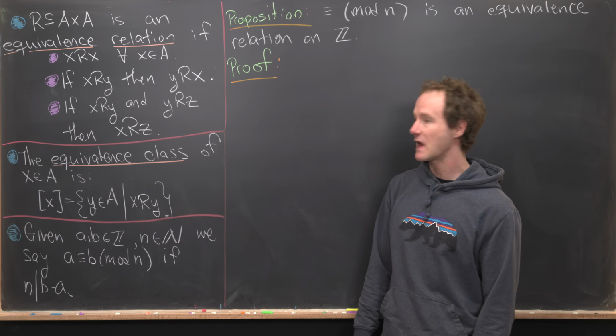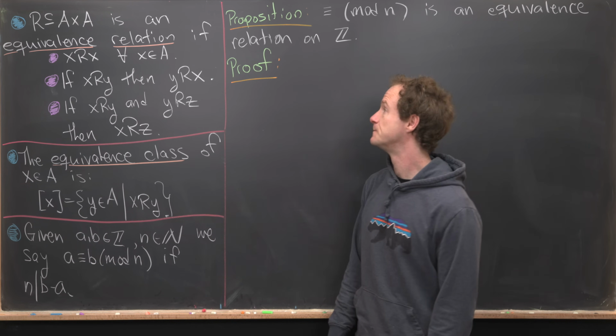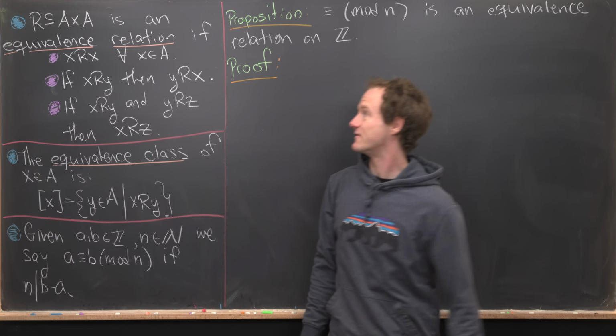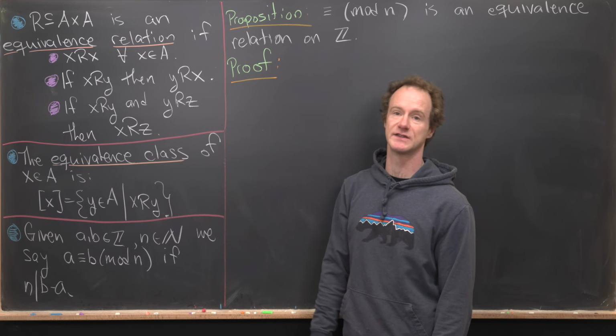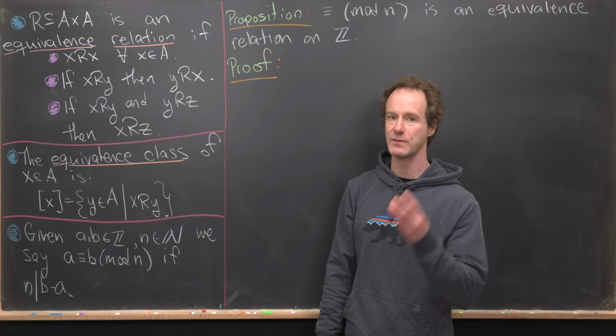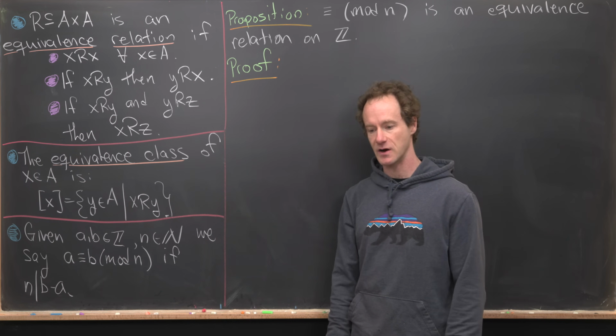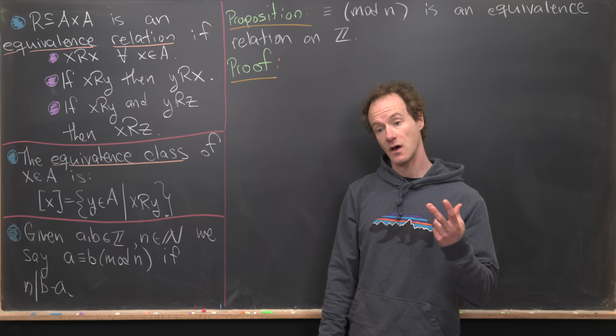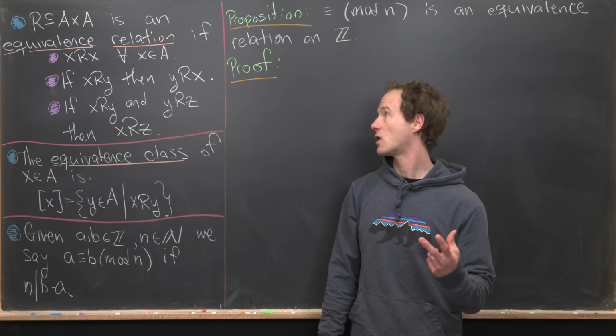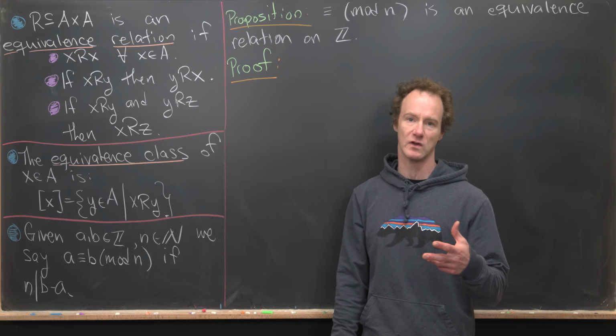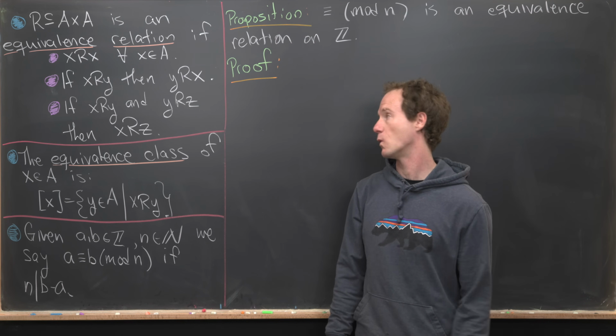But maybe before we do that, let's recall a couple of things. So R, which is a subset of A cross A, is an equivalence relation if it satisfies three properties. And I want to point out here that instead of saying the ordered pair x comma y is in R, we say x is related to y or x R y.